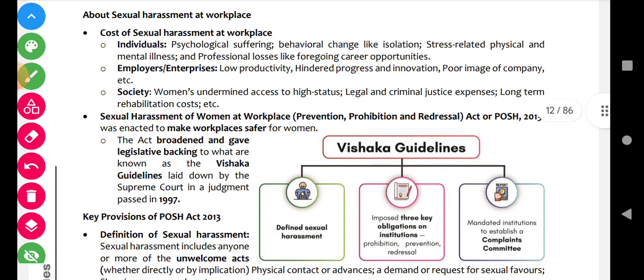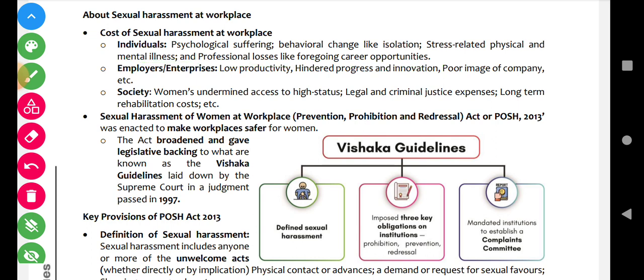Next is the cost of sexual harassment at the workplace. For the individual: psychological suffering, behavioral change like isolation, stress-related physical and mental illness, and professional losses like foregoing career opportunities.